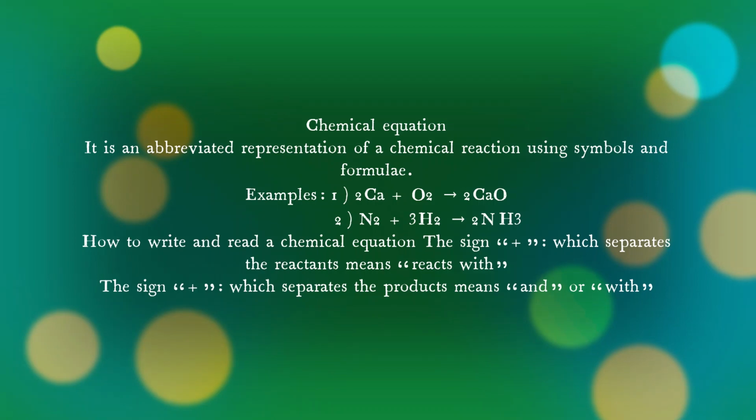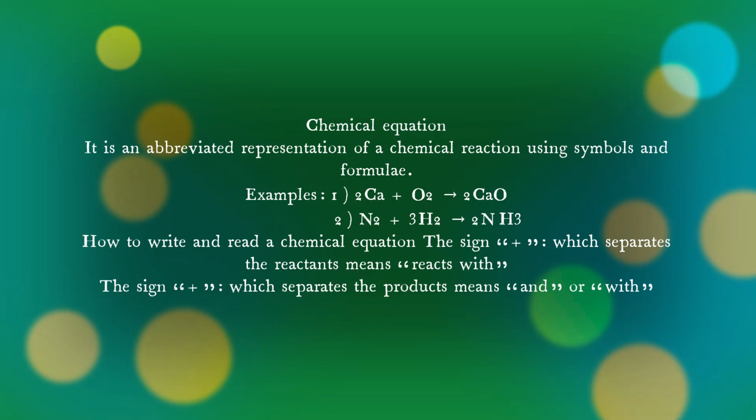Before going to this, we have different examples of chemical equations, as I said above. The positive sign in a chemical equation is read differently from positive, as you know. It is read as "react with."